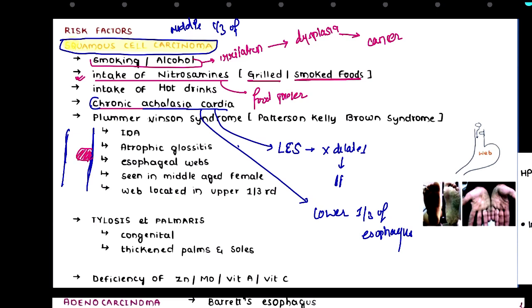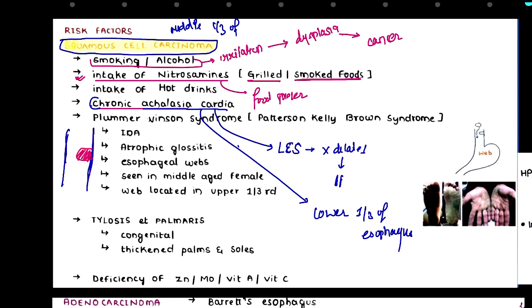What is a web? It is simply a mucosal protrusion. As there is mucosal protrusion, the food material present in this area will not pass easily to the lower region, and this will cause a lot of obstruction right here.